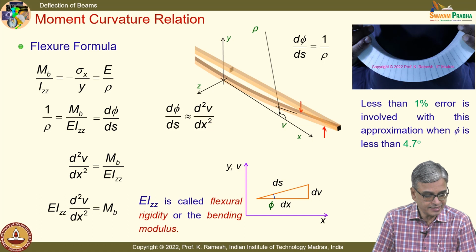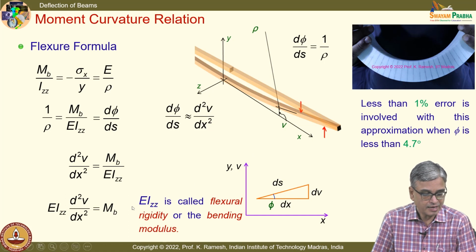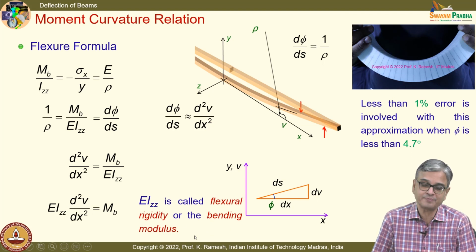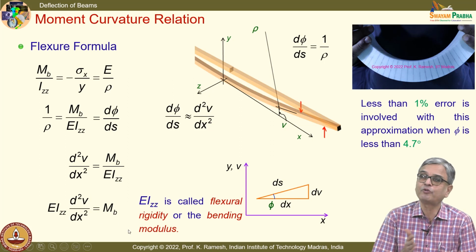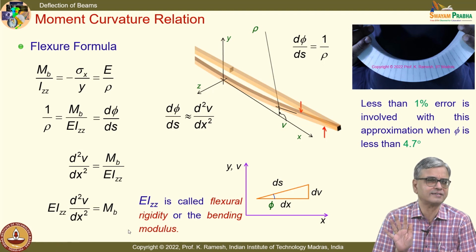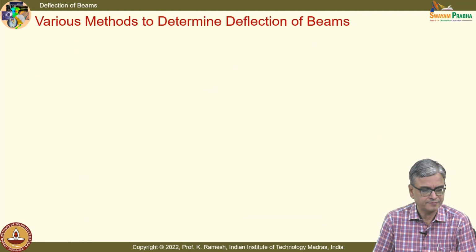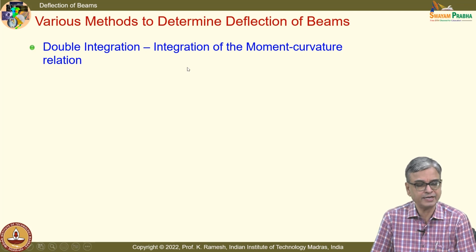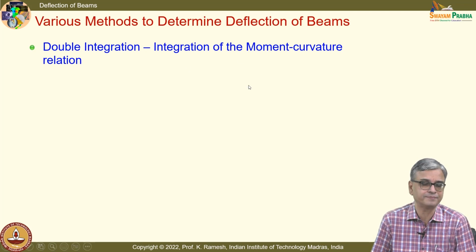And we have already seen E I_zz as bending rigidity or flexural rigidity, or it can also be called the bending modulus. And if you have to calculate the deflection V, you have to integrate this equation and apply the boundary conditions. As simple as that. So you have double integration of the moment curvature relation.